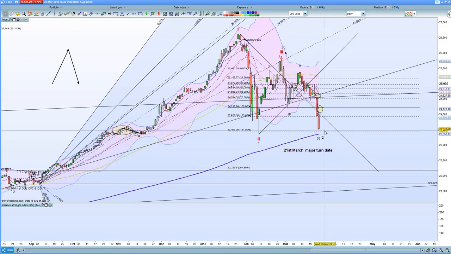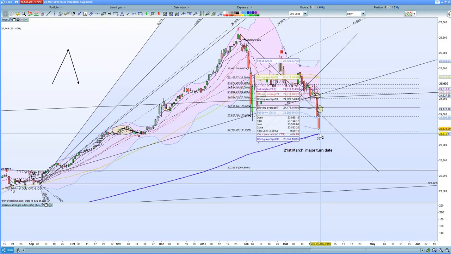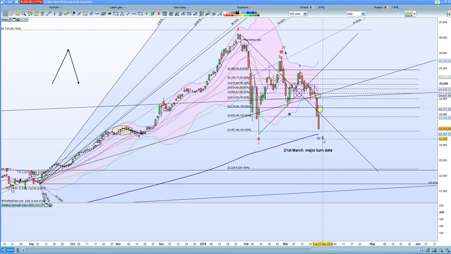And as I said, ultimately I think it'll at least test the 200 moving average here, and this will be a very pivotal point if the selling continues and the 200 moving average doesn't provide a support and a corrective move up.